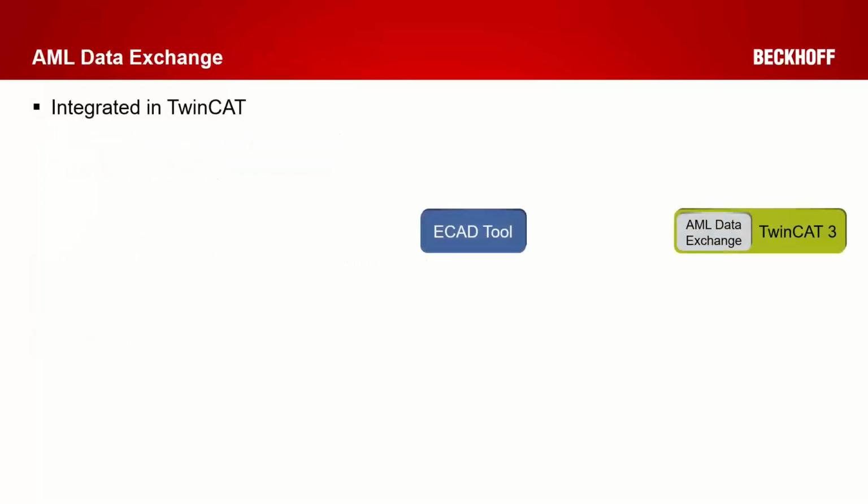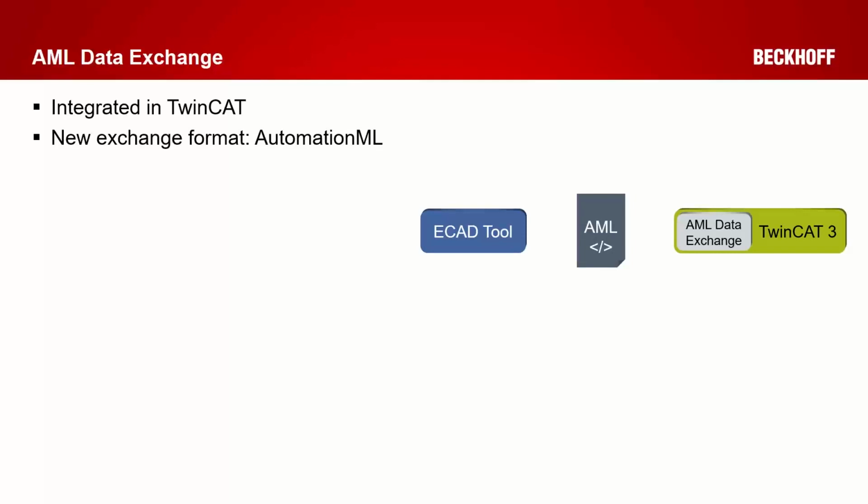This AML data exchange is a software which is fully integrated into TwinCAT, and it's based on a new exchange format called AutomationML. This format is a standardized format which becomes more and more popular and is supported by an increasing number of ECAD tools.